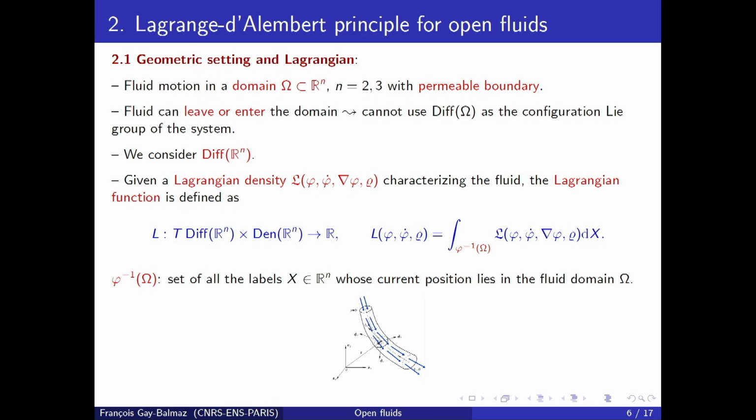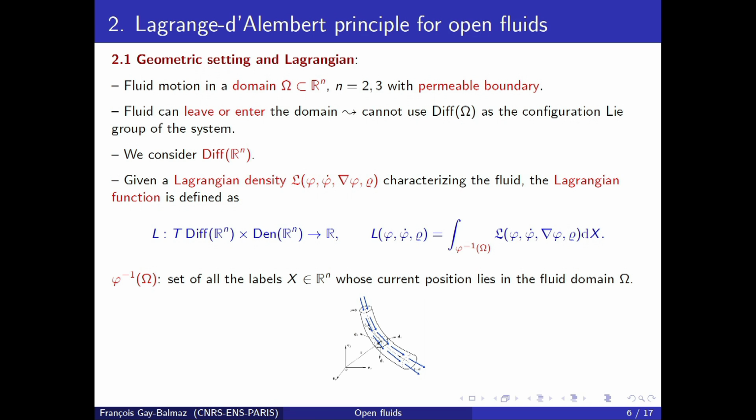So remember that these big X are labeling the fluid particles. So I want to integrate only on those fluid particles that at the current time are in the domain, right? So these fluid particles of interest, they currently belong to the pre-image of the domain of interest, right? Is it clear?